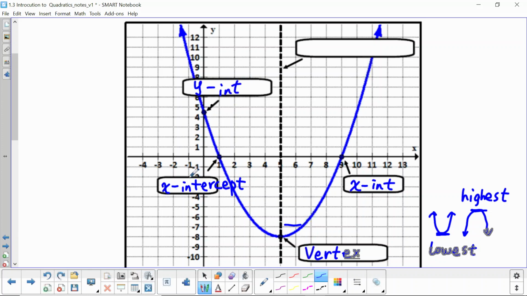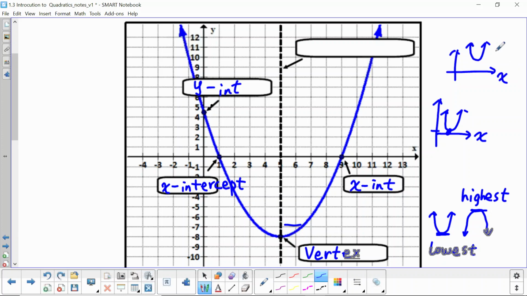So x-intercept and y-intercept. For the y-intercept, you always have only one. It's not like the x-intercept. Sometimes you have two. Sometimes you may have only one, touching the x-axis. And sometimes you may have none. It doesn't touch the x-axis.